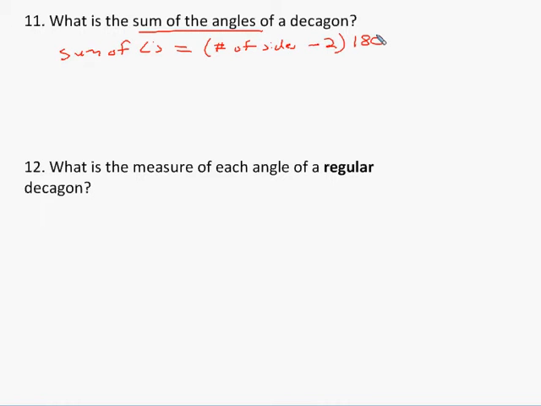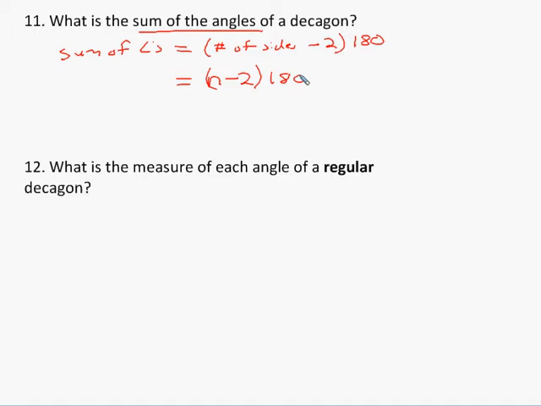That formula came from the fact that in a triangle there's 180, and we would count the number of triangles we would have in those different figures, and we came up with this formula. Sometimes we just see it as n minus 2 times 180, and you just have to remember that n stands for the number of sides.